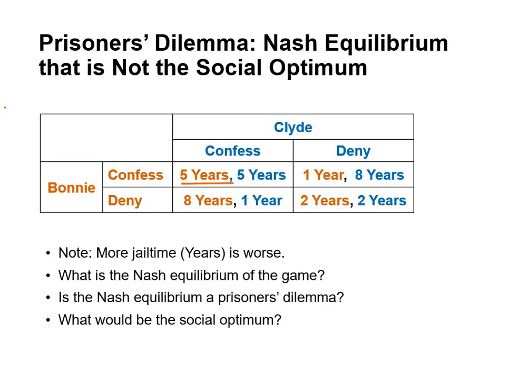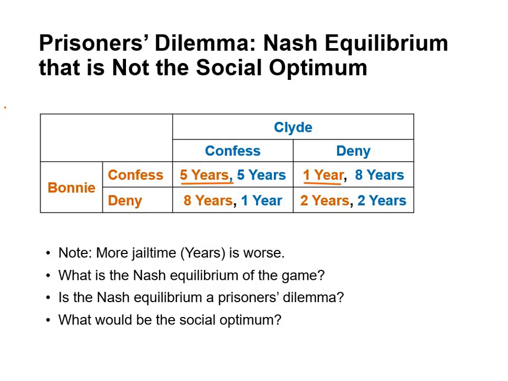But if Bonnie thinks that Clyde will deny that they robbed the bank, then shall Bonnie confess and go to jail for 1 year, or deny and go to jail for 2 years? And of course, going to jail for only 1 year is better than going to jail for 2 years. So Bonnie has a dominant strategy, which is to confess.